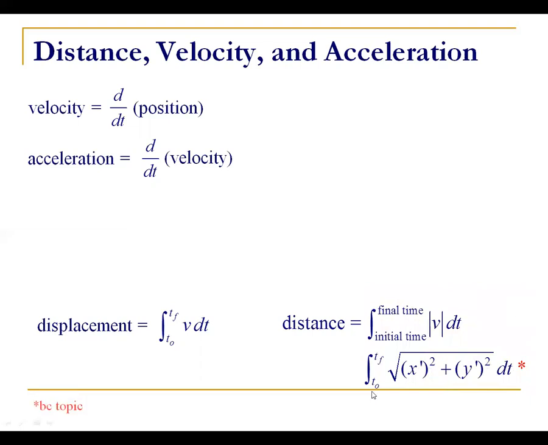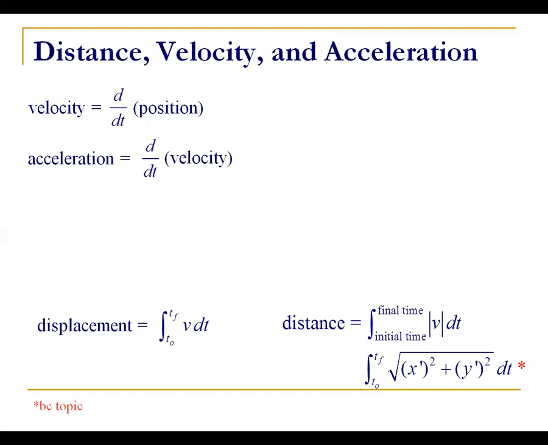Now, this square root thing, we didn't talk about that. You don't have to worry about that. That's a BC topic. But for distance, you have to integrate the absolute value of the velocity, because sometimes you could be moving forward and backward, and your velocity could be positive or negative. Displacement cancels those out, and so sometimes your displacement might be 0, but your distance traveled might be 1,500, because if your displacement zeroed, you just stopped where you started, but you may have taken 1,500 steps to do it.